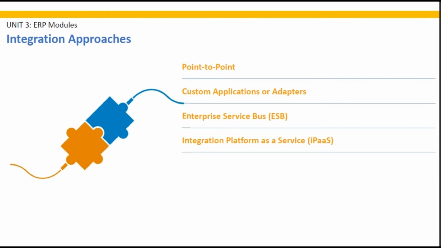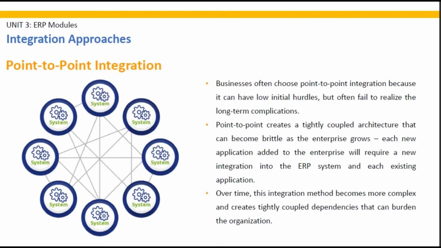So integration approaches: we have point to point, custom applications or adapters, enterprise service bus, and integration platform as a service. All these things we are going to discuss in detail. Now, what is point to point integration? Point to point integration is where we have system A to system B to system C, something like this.